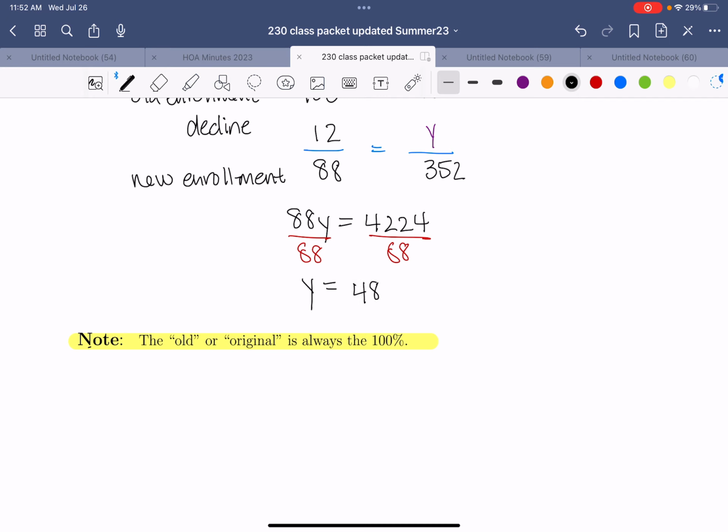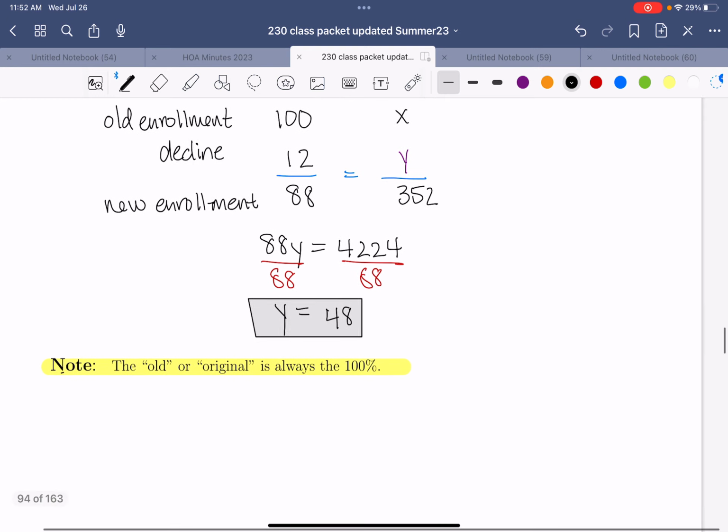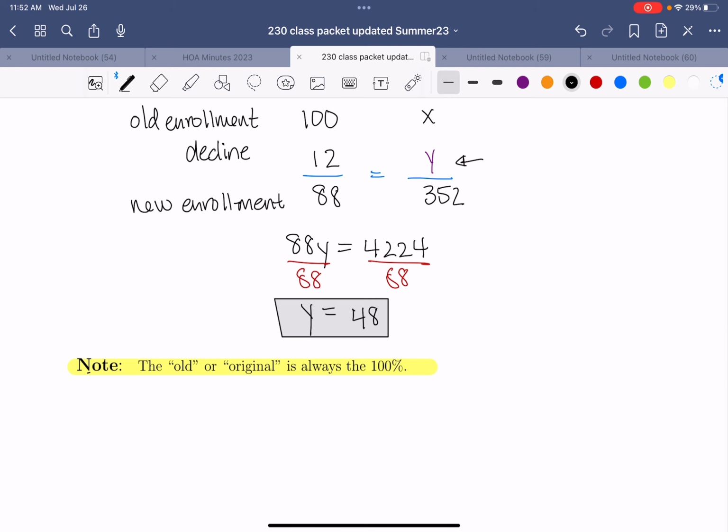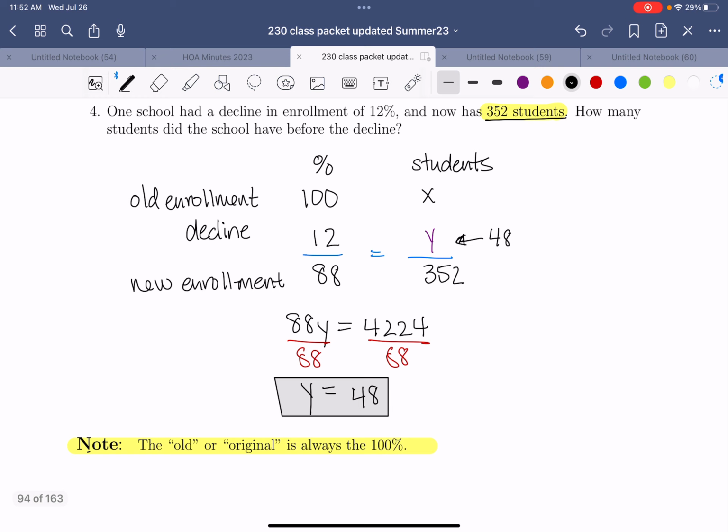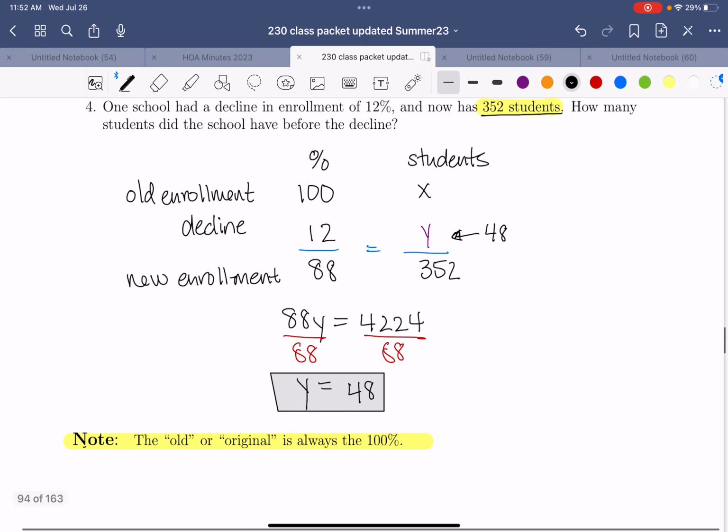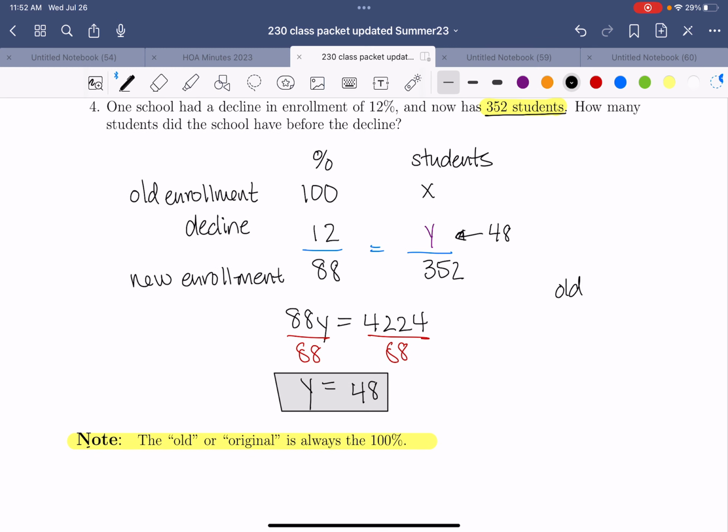Okay. Now that was not the original enrollment. That is the decline. So that is this number here. So 48 is here. So if we had an old enrollment and it declined by 48 and we have a newer enrollment of 352, in order to get back to the older enrollment, I'm going to add that 48.